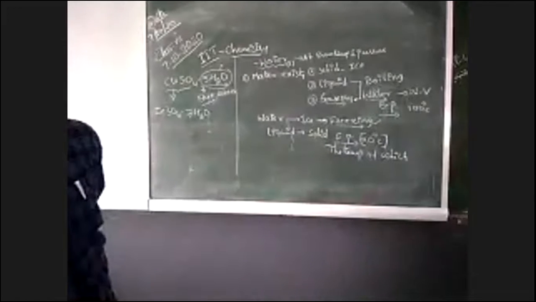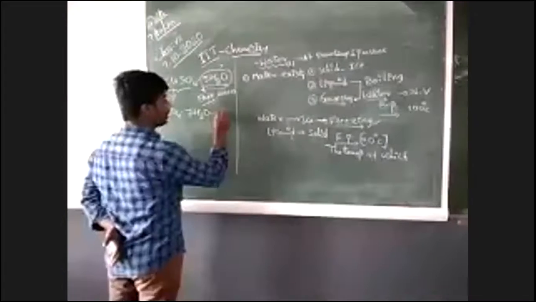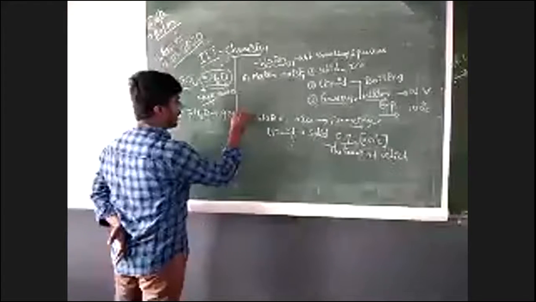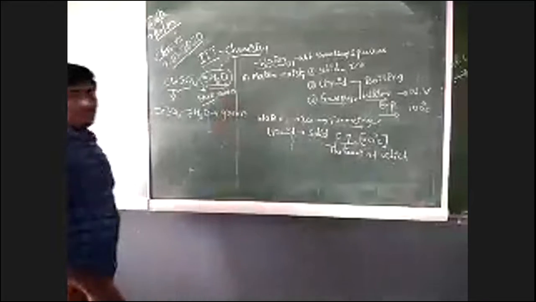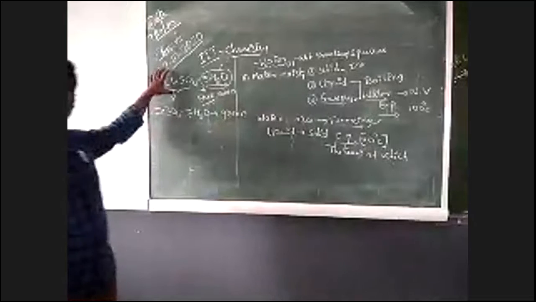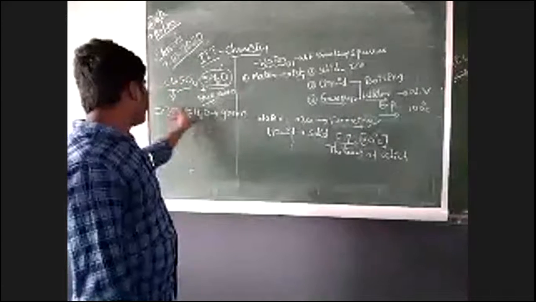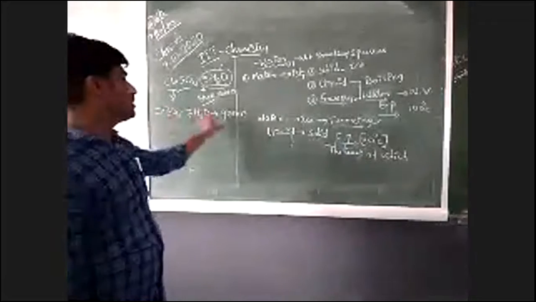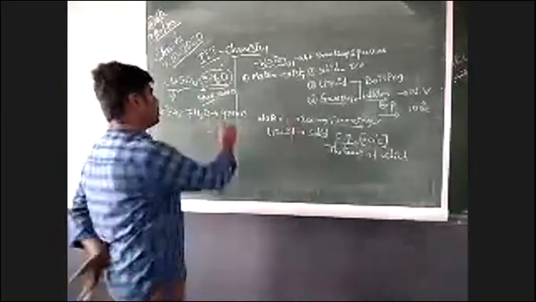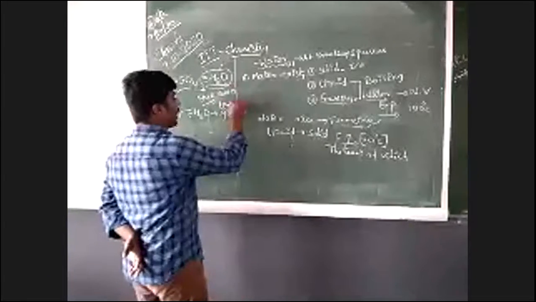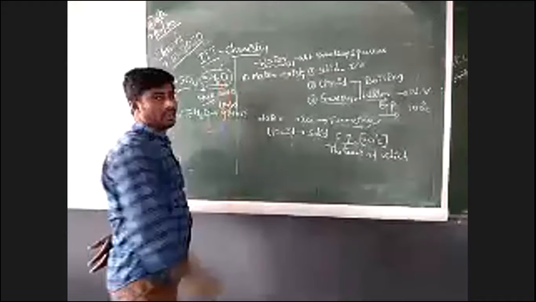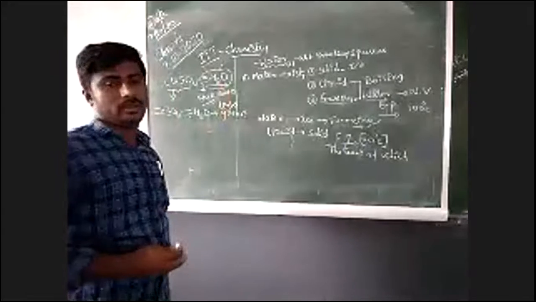Its color is light green. Remember, copper sulfate is blue, and hydrated iron sulfate is light green, not a thick green, a pale green.